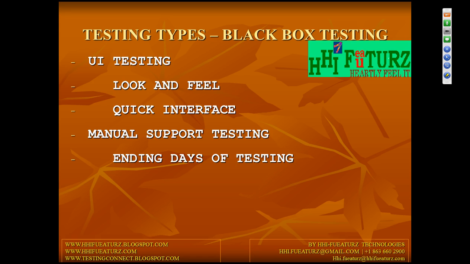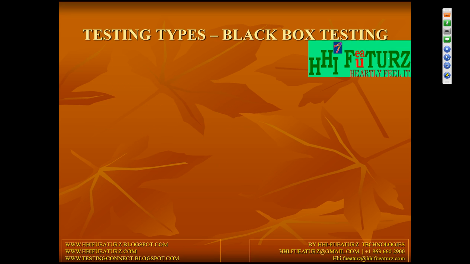At that time, were the help documents upgraded accordingly or not? That is what you have to validate. Whenever the latest version comes into the market, the changes they made should be reflected in the help document. That is manual support testing.